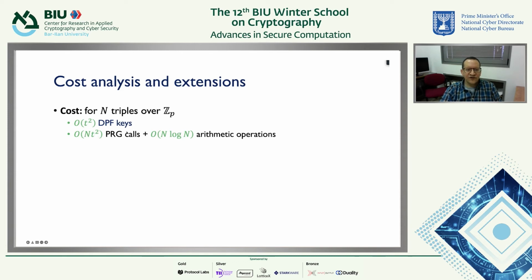The local evaluation time, if you do it with a generic noise, because of these T squared non-zero coefficients, we need to do T squared instances of Eval All for DPF, and T squared times evaluate DPF on the entire domain. So doing this will take us n times T squared, which is bad.